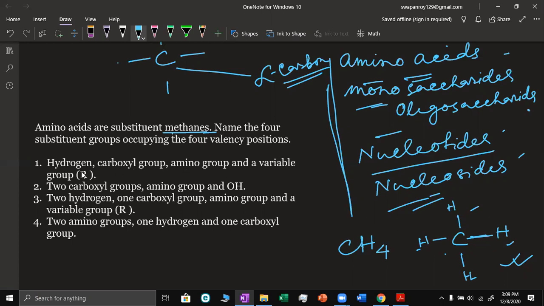It will be option one: hydrogen, carboxyl group, amino group, and a variable group R.